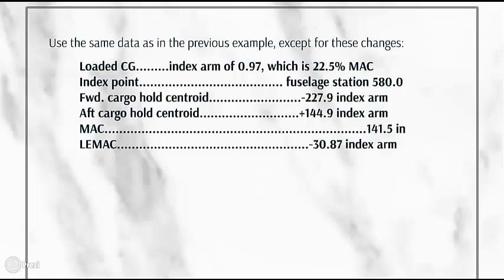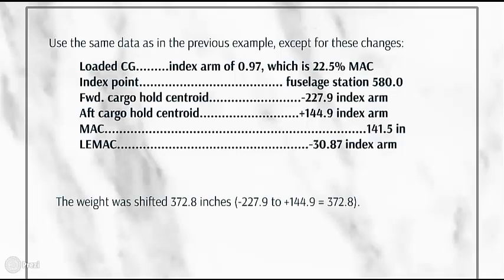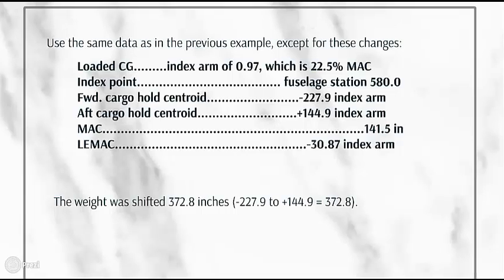Aft cargo hold centroid, positive 144.9 index arm. MAC 141.5 inches. LEMAC negative 30.87 index arm. The weight was shifted 372.8 inches. The change in CG can be calculated by using this formula.